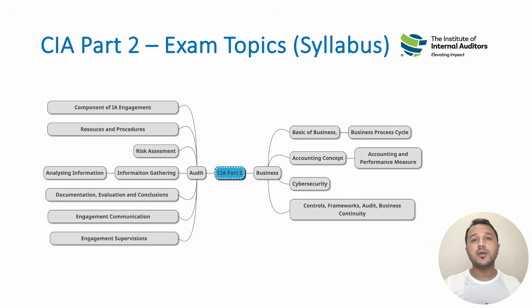So basically, if you have a good, sound understanding of the fundamentals from CIA Part 1 and the audit engagement, the entire cycle from initiation till communication, then you yourself can perform an audit engagement.